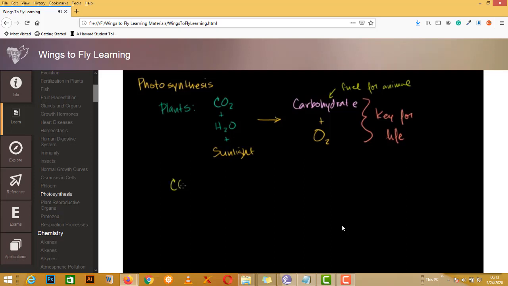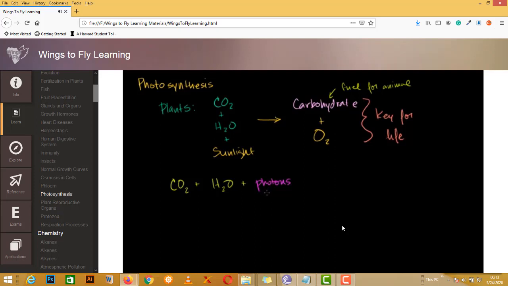You start off with some carbon dioxide. You add to that some water. And you add to that, instead of sunlight, I'm going to say photons. Because these are what really do excite the electrons in the chlorophyll, and you'll see this process probably in this video, and we'll go in more detail in the next few videos.